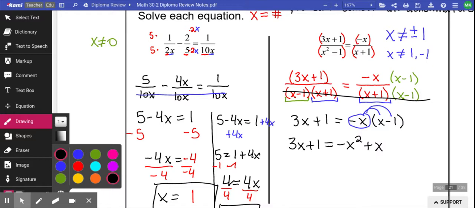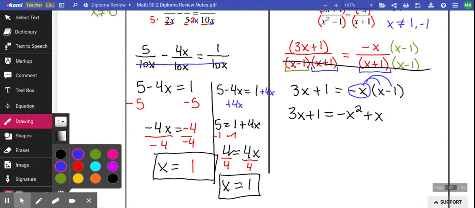So what we do is we set up something called general form. That's where you're equal to 0. We move everything to one side. I'm going to move everything to the left. The reason I'm going to move everything to the left is I prefer my x squared to be positive, not negative. So I'm going to add x squared to the left.